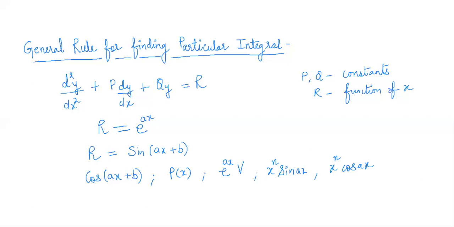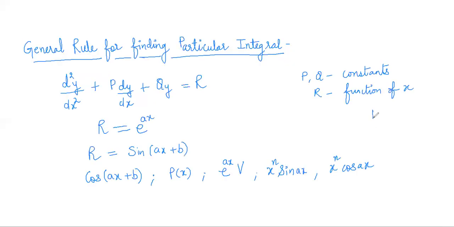So the general rule for finding the particular integral is 1 upon d minus a, where d is the operator. Here, if I talk about this differential equation, what we mean by d is d by dx.